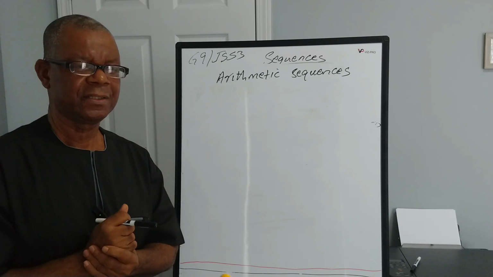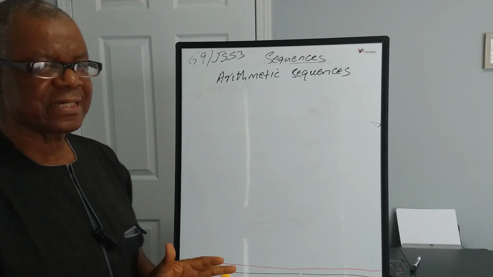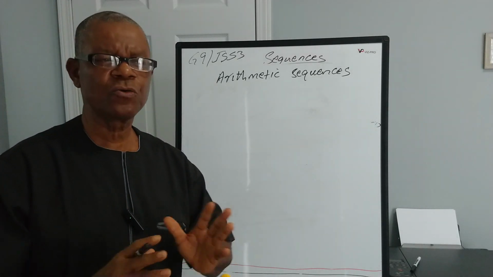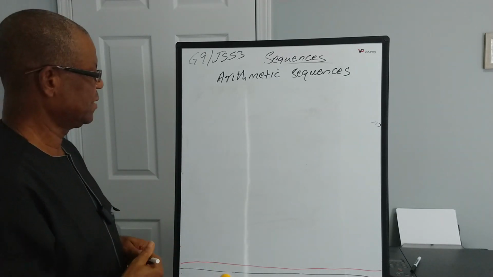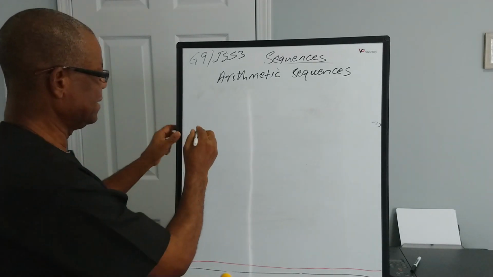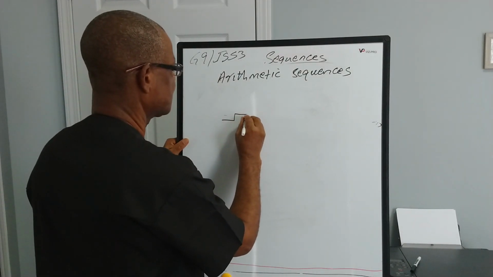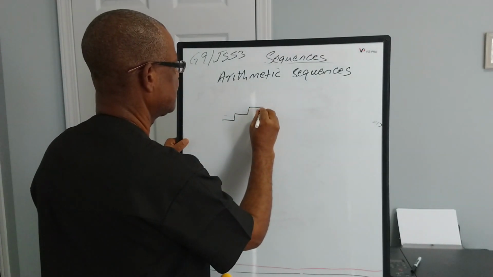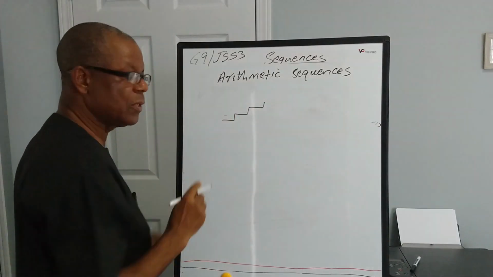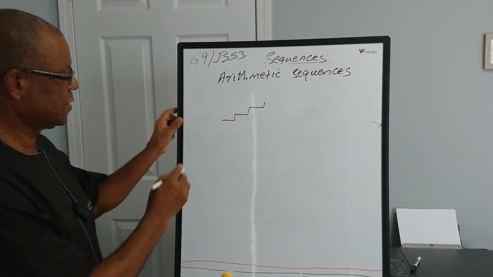Just like if you can see a staircase built by a good architect, you discover that the height will be equal. This is where I'm referring, it will be equal.